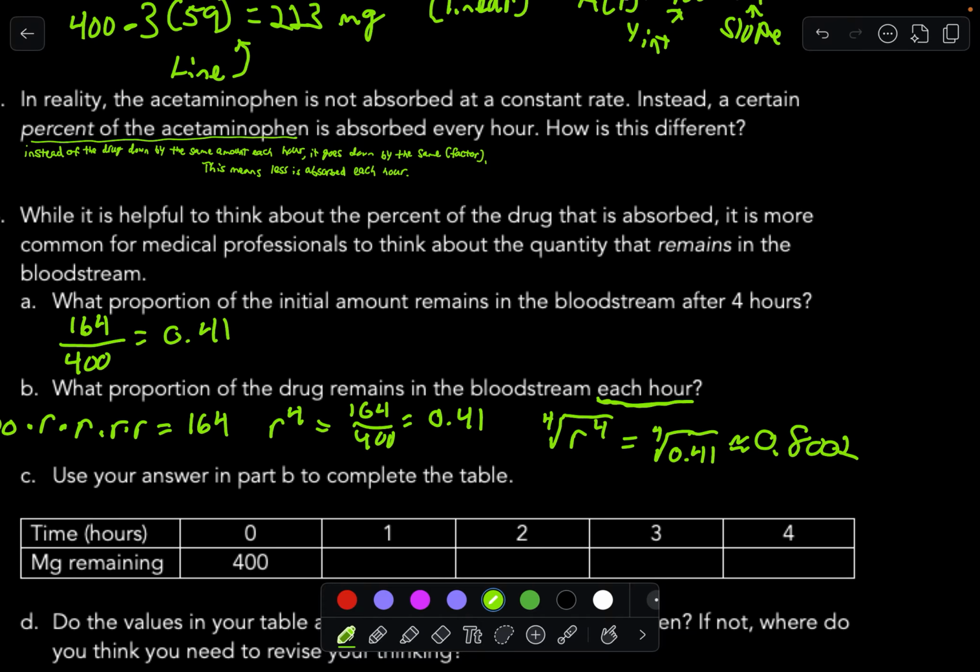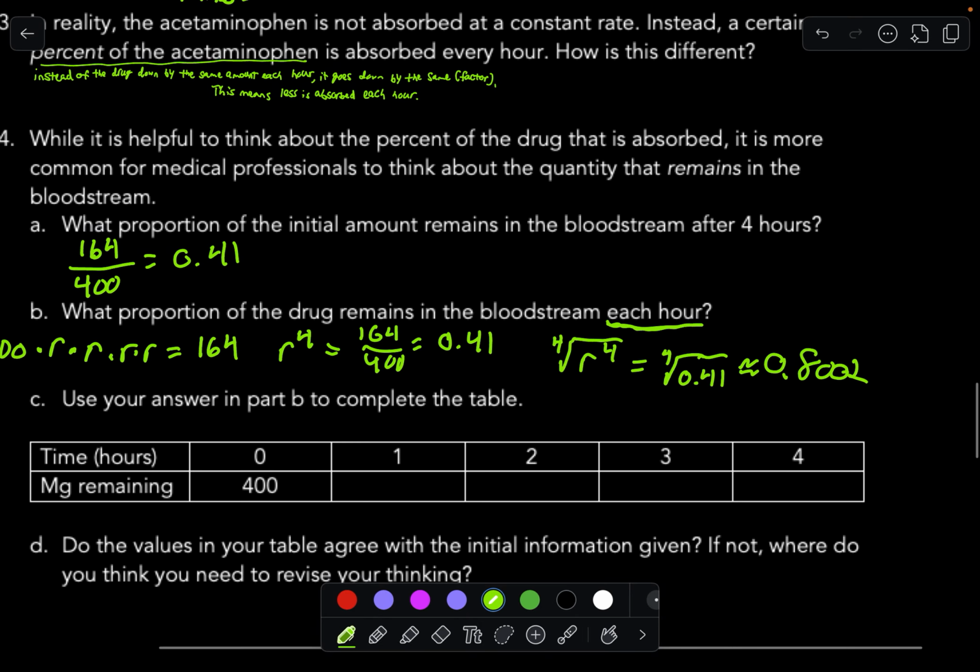Okay? Now, knowing that, how can we use this? Well, we can go 400 after the first hour. We multiply by 0.8. So 400 times 0.8 is 320. Then we multiply by 0.8 again, and the second hour would be 320 times 0.8, which is 256.